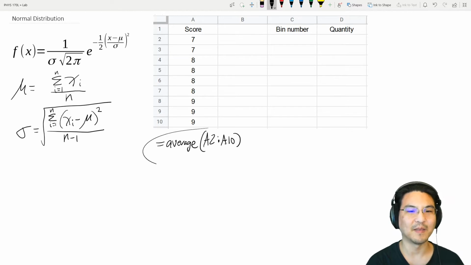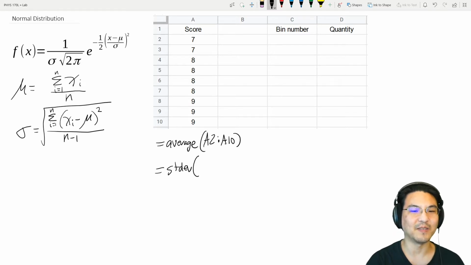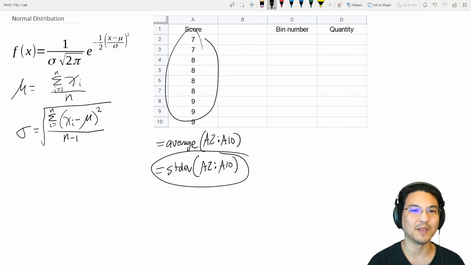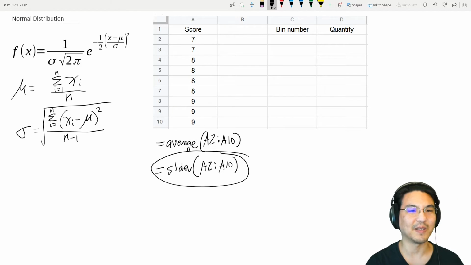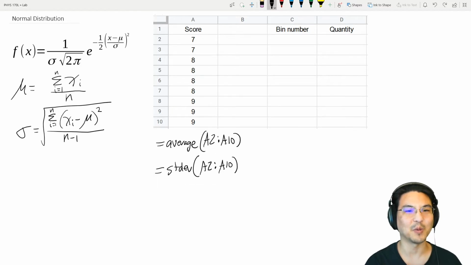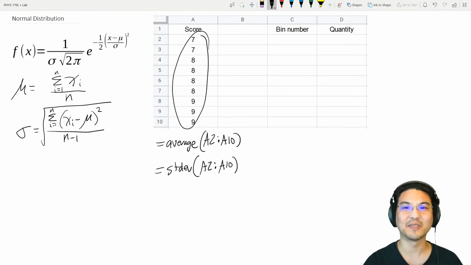And then this function gives you this. And then if you type STDEV, standard deviation, of that same range of data, for these cells, it gives you this. Just like that. Nothing much more to do. But that's if your data is listed like this.